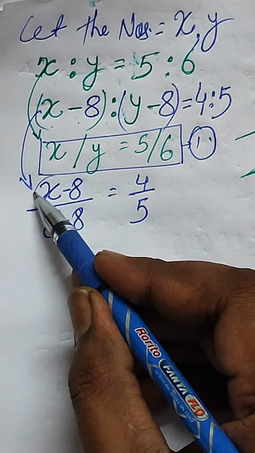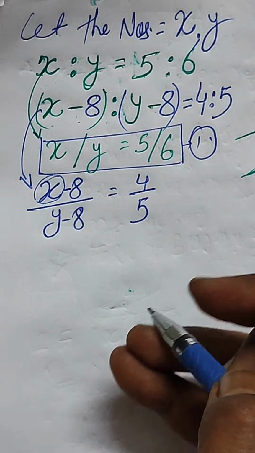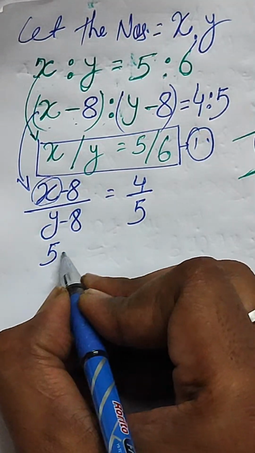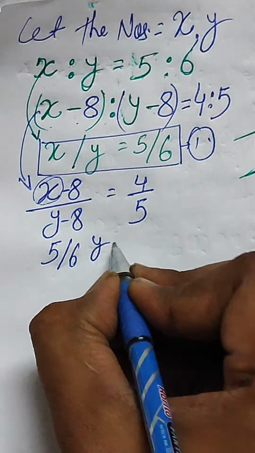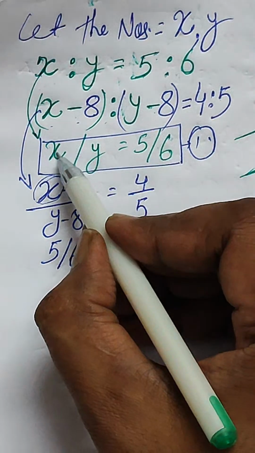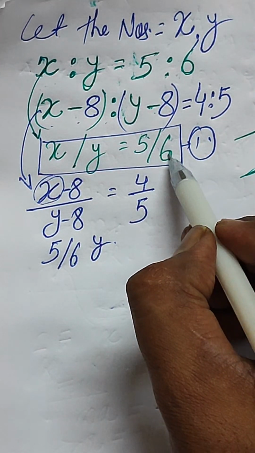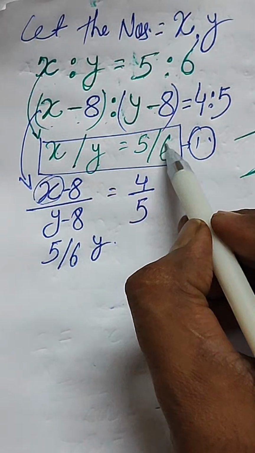So if you substitute the value of x, it will be 5 by 6y, isn't it? x will be equal to 5 by 6, which is already present in the RHS, multiplied by this y.